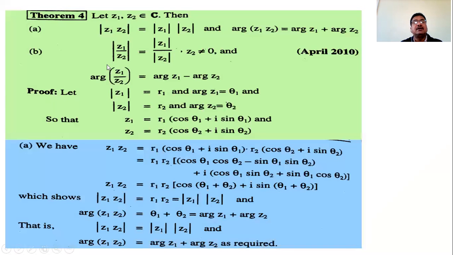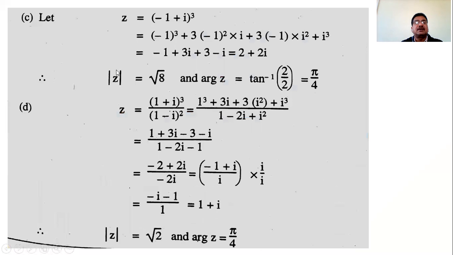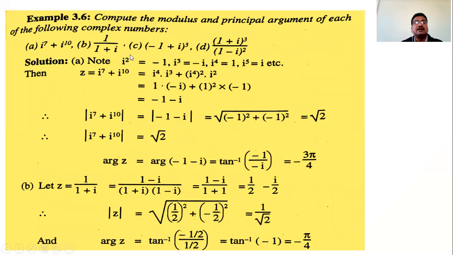This is the procedure applied in the previous examples. That is, to find the argument of 1 by 1 plus i, we rationalize the denominator, convert that number to the form x plus iy, and then find its modulus and argument. This is the previous method.